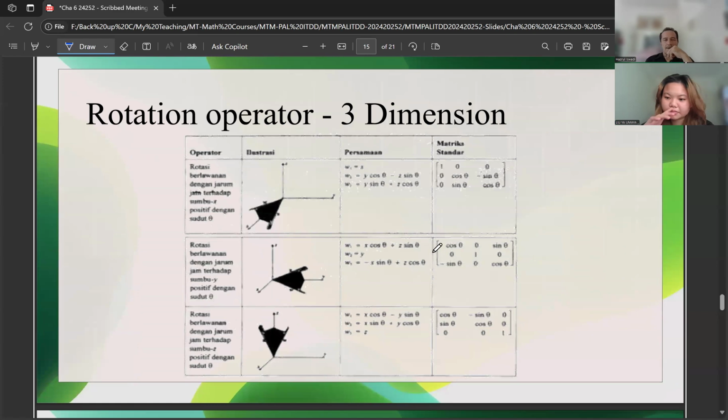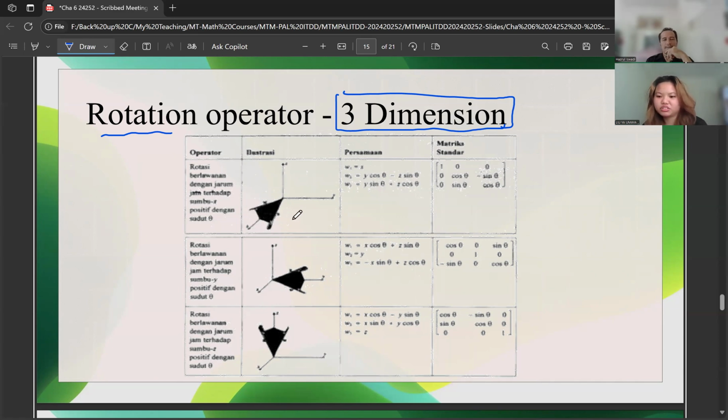Nah, ini most difficult ya, how to understand the standard matrix of rotation in three dimensions. Seharusnya memperlihatkannya ilustrasinya secara offline ya, karena the illustration will be easier if we do it online or offline.